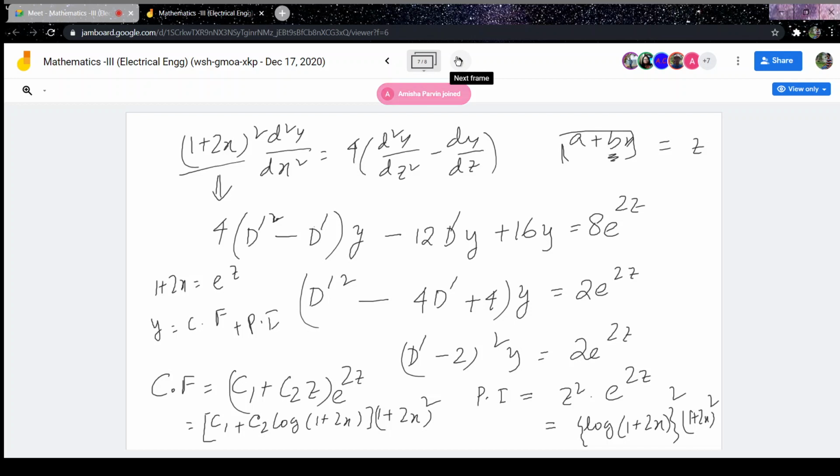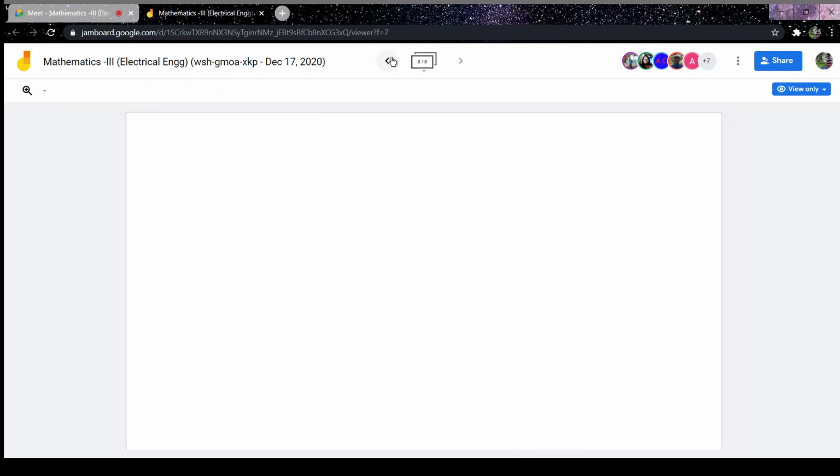And obviously all the problems will fall into these two categories. Either it will be in terms of x to the power n d^n y by dx^n, or in terms of (a plus bx) whole to the power n d^n y by dx^n. So you will be able to solve this type of problems. Okay, I have given you the exercise already in the PDF, so you have to try and solve those.